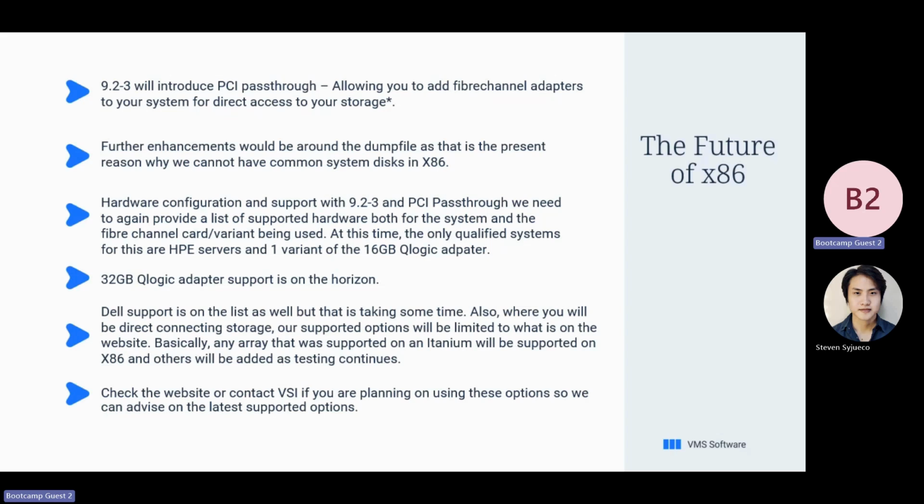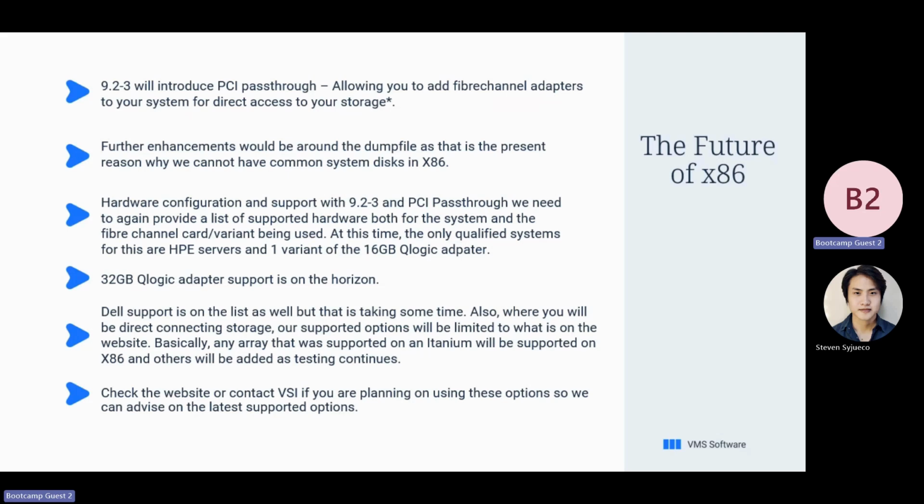We already discussed this: 9.2-3, we're going to use pass-through. Further enhancements include the dump file, and as part of the common system disk deal, you'll have to have a dump off system disk, because that won't go in the dump kernel. That will definitely have issues. So you might also want to prepare for dump off system disk if you don't have it already.